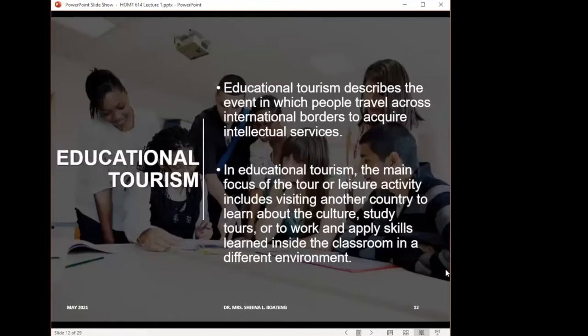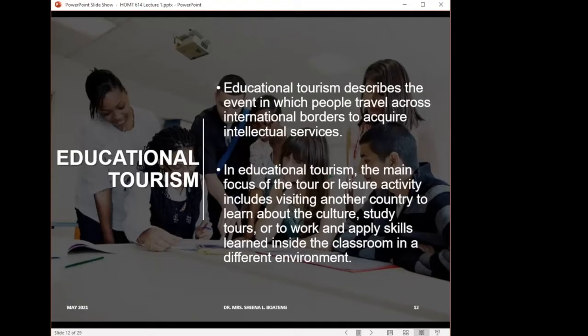Then we can talk about educational tourism, which has been very popular since time immemorial, right? And educational tourism describes the event in which people travel across international borders to acquire intellectual services. And in Ghana here, we have educational tourism at a domestic level, where we can observe students coming from different regions to particular regions just to attend a particular university or school to gain some kind of knowledge or wisdom that they feel they will not gain from the institutions present in their current region.